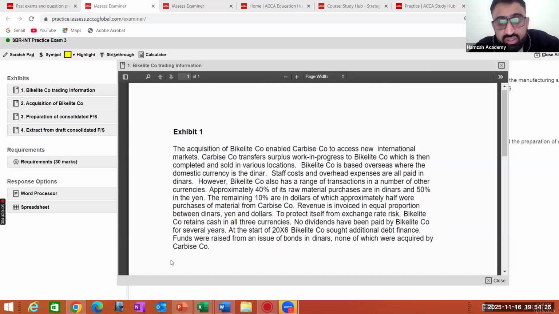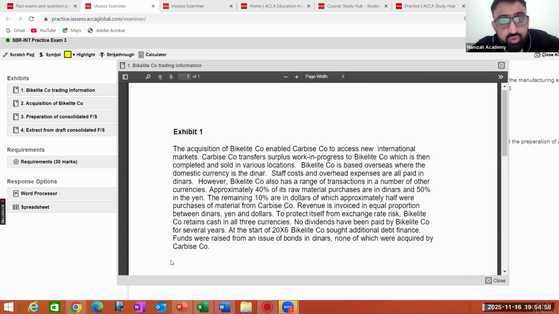For that purpose, we need to consider first the primary factor, the sale price. Now, if we look at the sale price factor, that is split. They sell in different currencies: they invoice their revenue in dinar, yen, and dollar proportionately, in equal proportion.